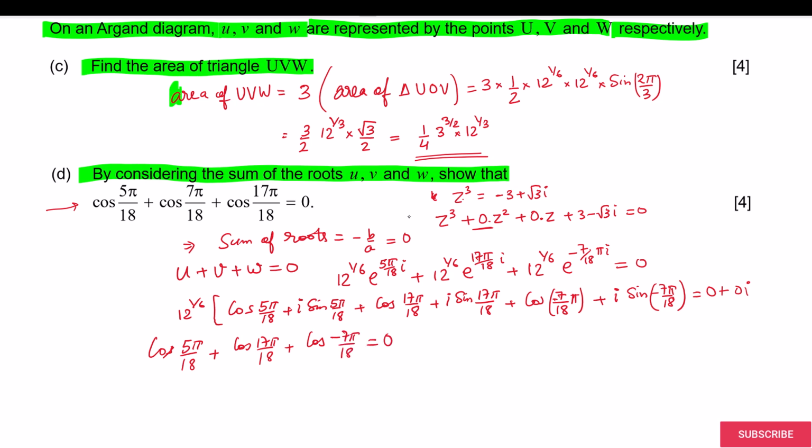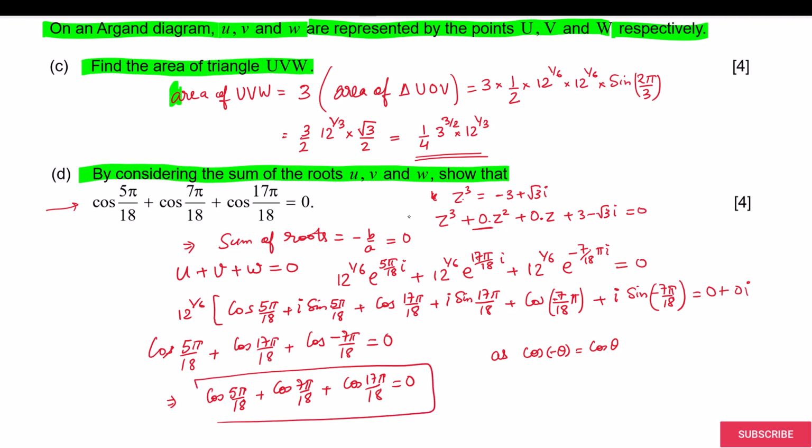Now we know cosine of negative theta is the same as cosine theta, and hence we get cosine 5 pi over 18 plus cosine 7 pi over 18 plus cosine 17 pi over 18 is equal to 0. That's the answer. I hope it's clear.